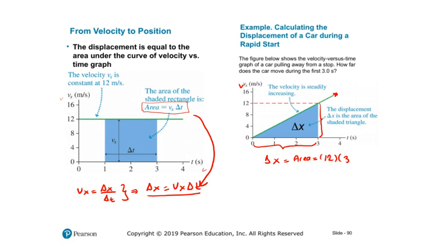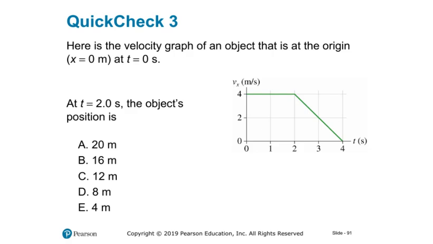It's this side times that side over 2. So for this case, delta x will be equal to area, which is equal to 12 times 3 over 2. You can simplify it by dividing 12 by 2, 6. So it's 18 meters. Simple as that.